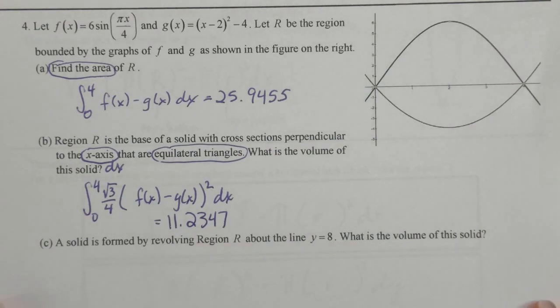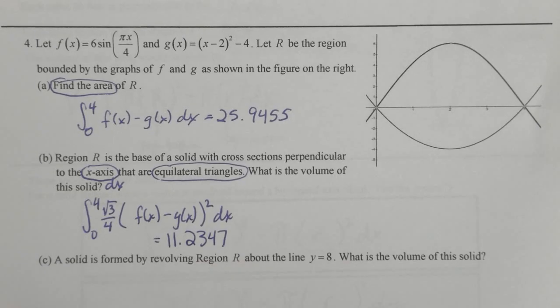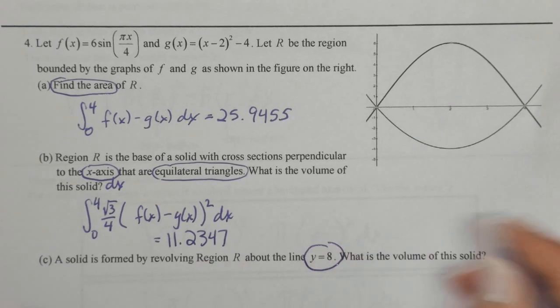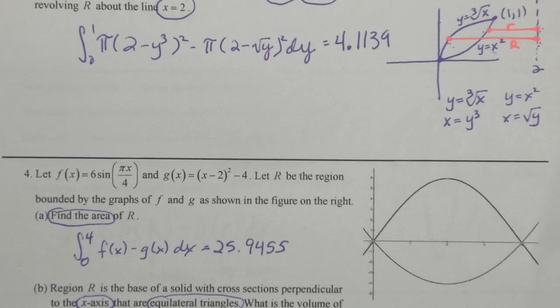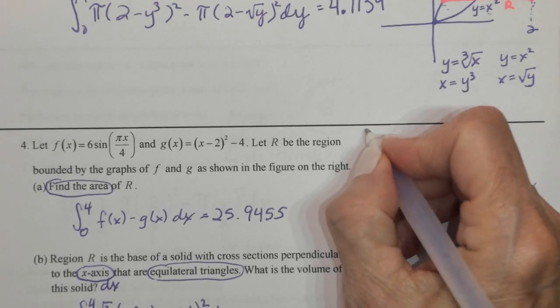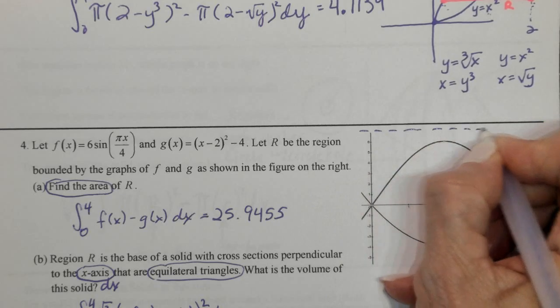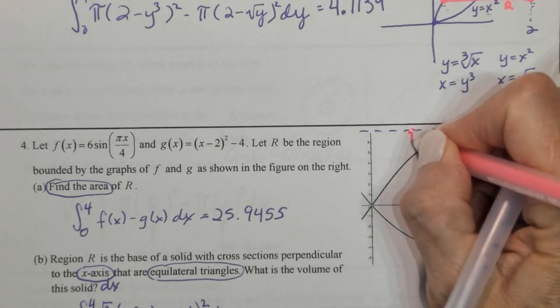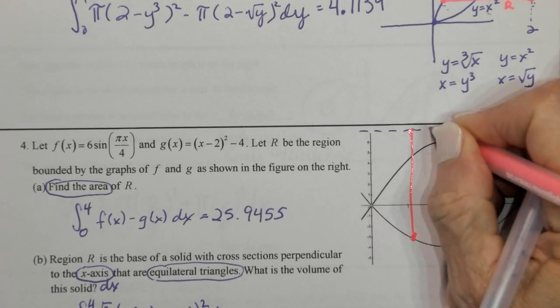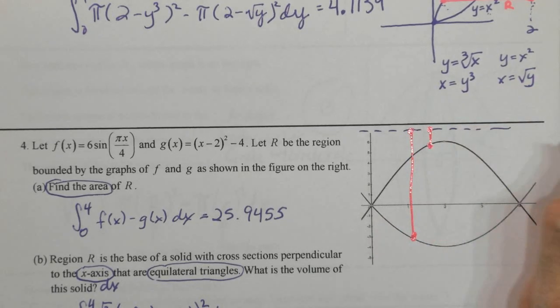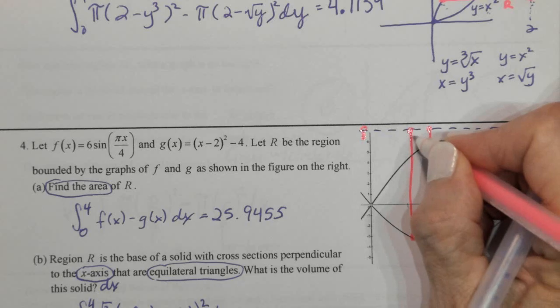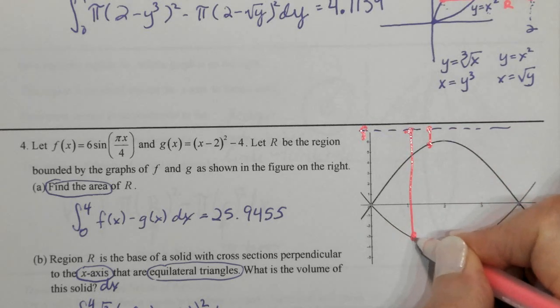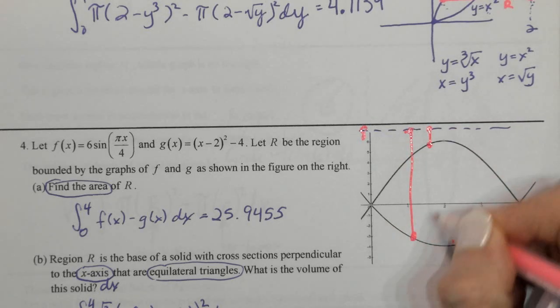Alrighty, last one. Now we're going to take that region and revolve it around the line y equals 8. Y equals 8 is somewhere up here, yeah? So we're going to have a big R and a little r. Big R is going to be 8 minus g of x.